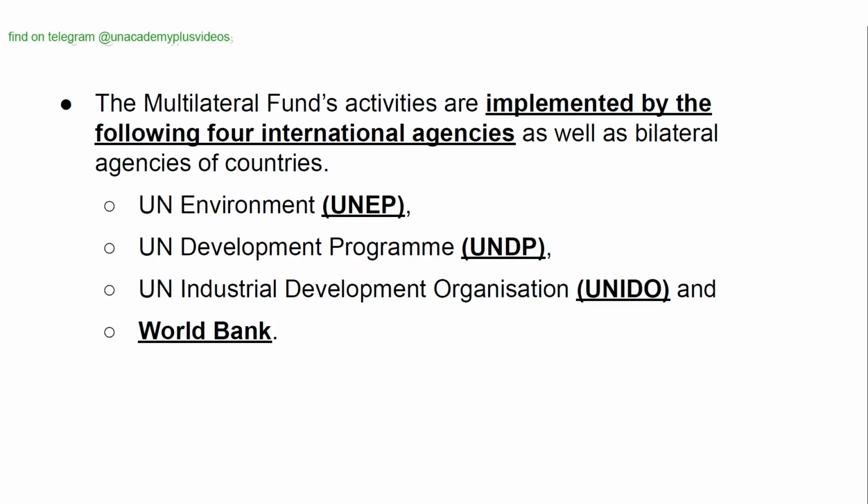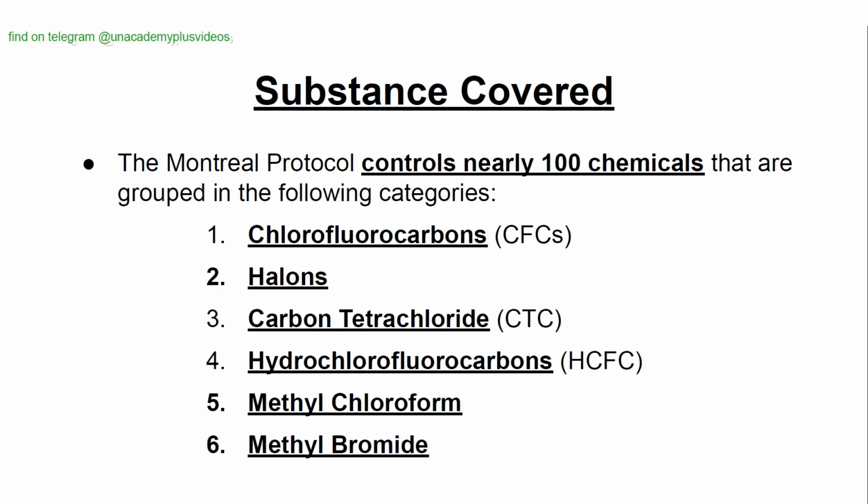The Multilateral Fund's activities are implemented by the following four international agencies as well as bilateral agencies of countries: UNEP, UNDP, the United Nations Industrial Development Organization, UNIDO, and the World Bank.